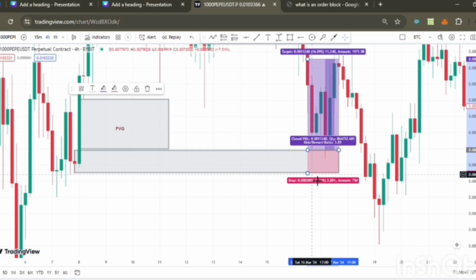Now, this kind of entry usually triggers because sometimes the market will come and touch your wick and fill the wick.